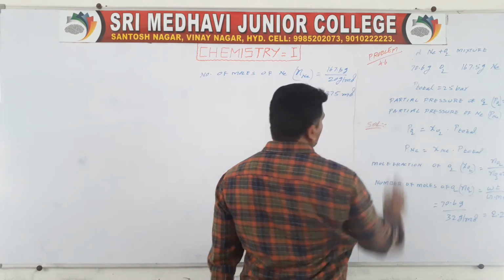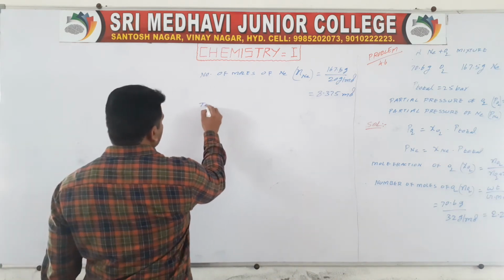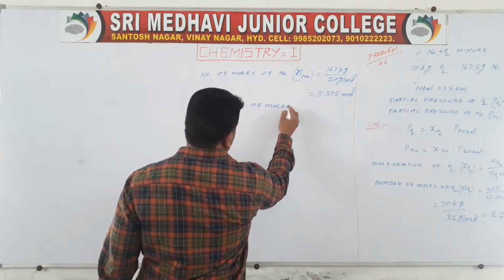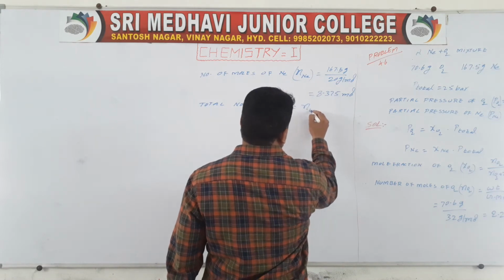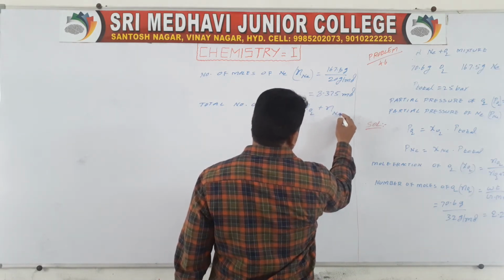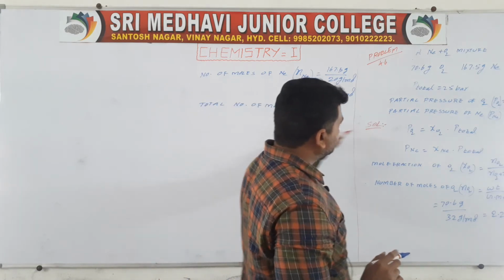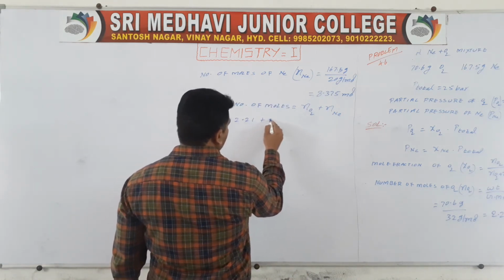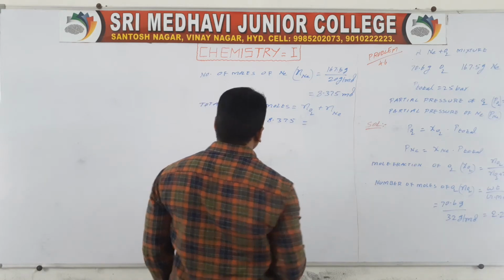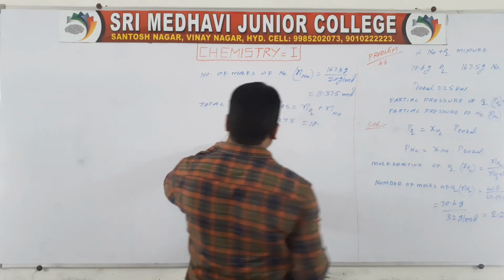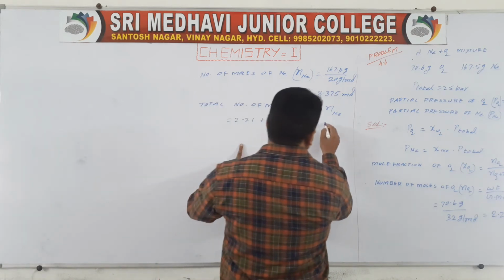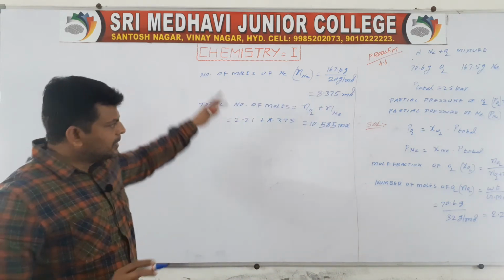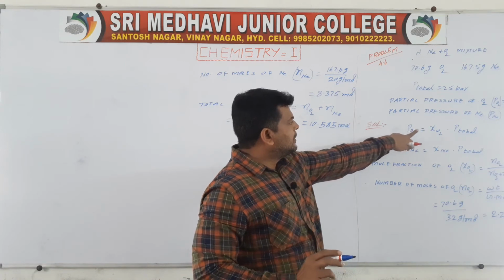Now the total number of moles is NO2 plus NNe. NO2 is 2.21, plus 8.375, so the total is 10.585 moles.